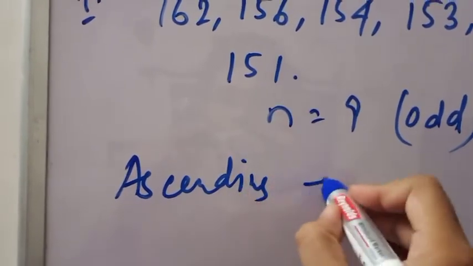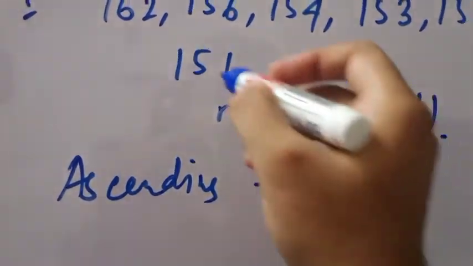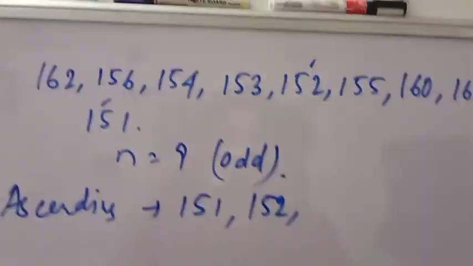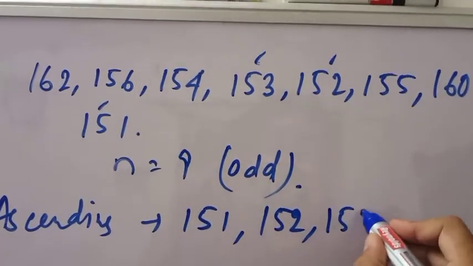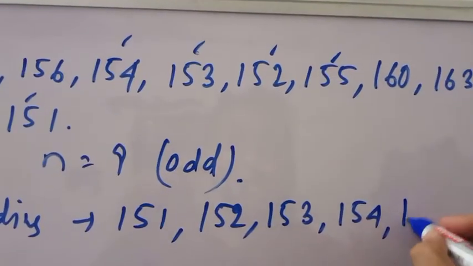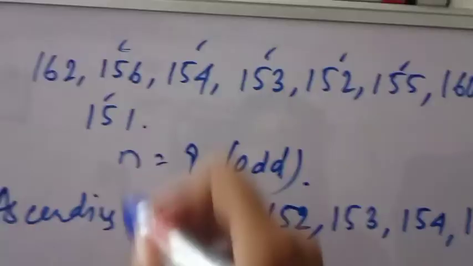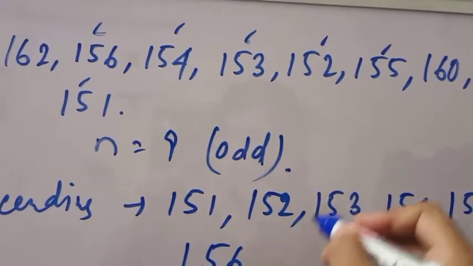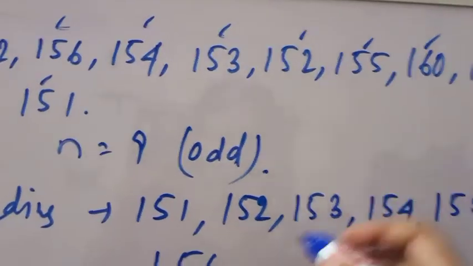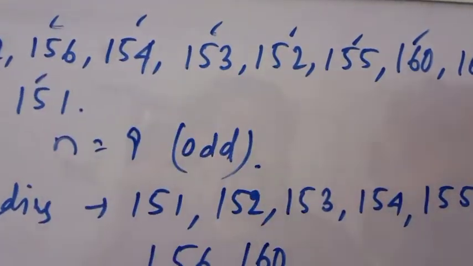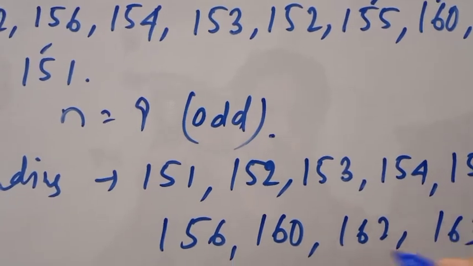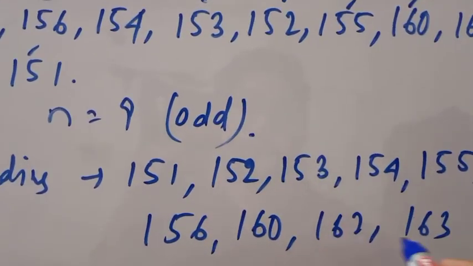Ascending order: 151, 152, 153, 154, 155, 156 is also there, 157, no, 160, 162 and 163. Okay, 1, 2, 3, 4, 5, 6, 7, 8, 9.